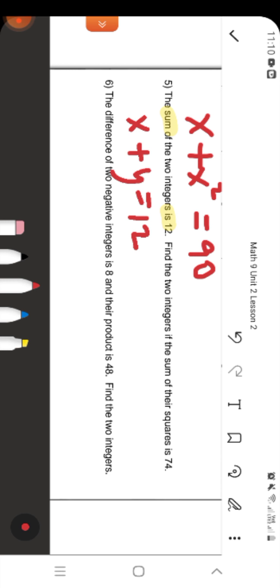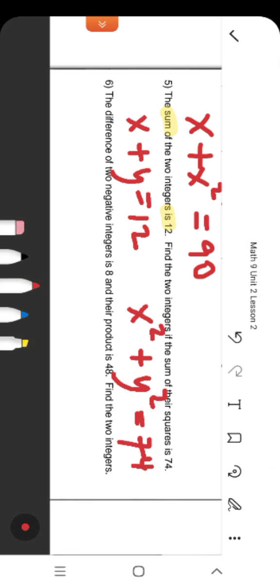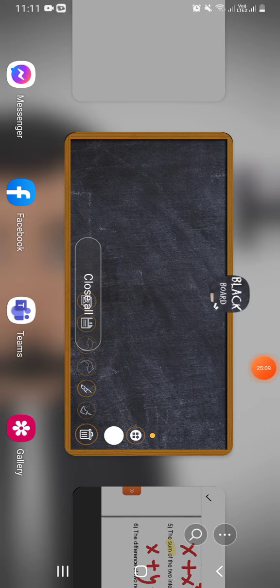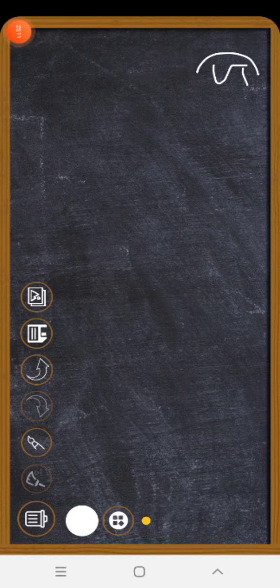Then you are asked to find those numbers if the sum of their squares is 74. So another equation would be the sum of the squares, x squared plus y squared is equal to 74. Since we have two equations and two unknowns, we can solve for the variables. Let's put it in our blackboard this time. Number 5.